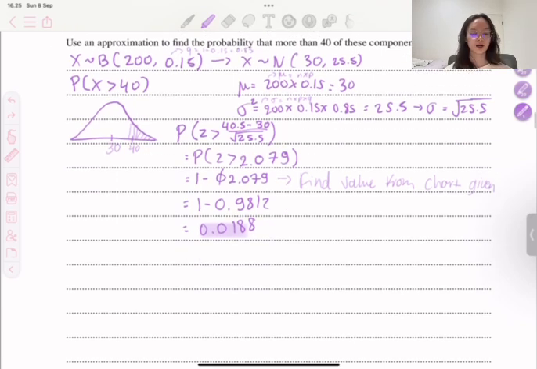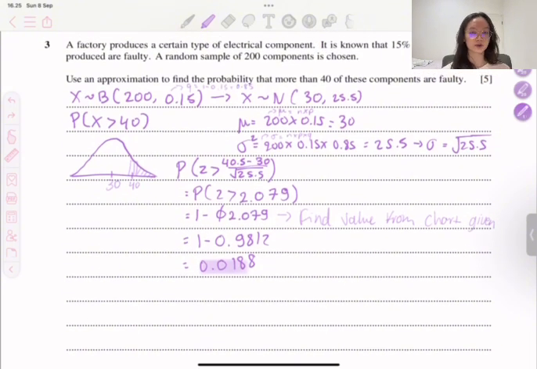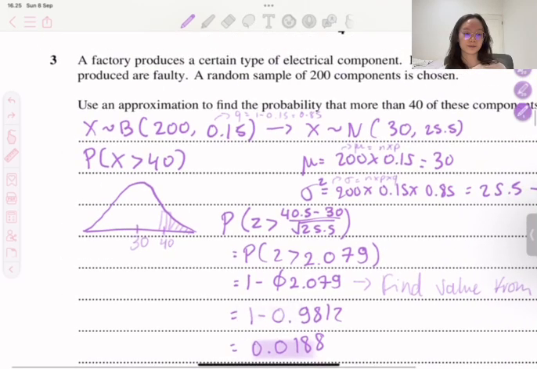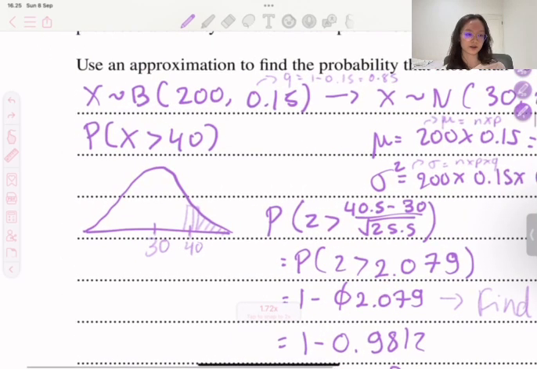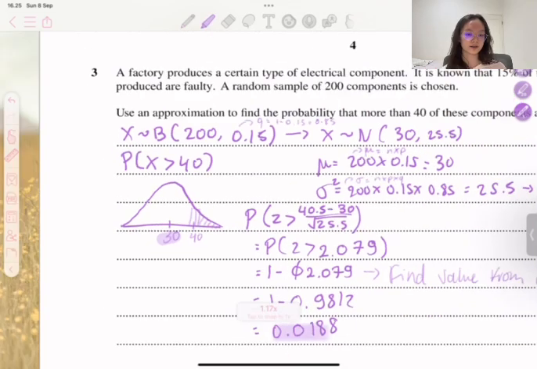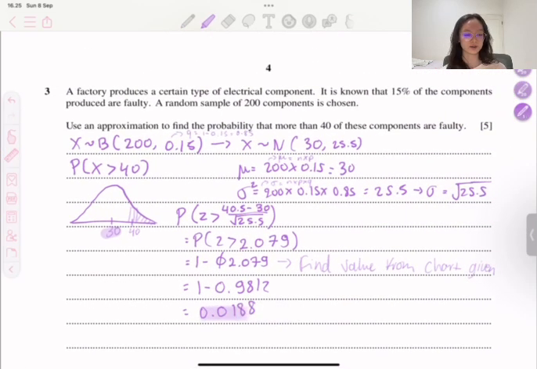So here we are asked to find the probability that more than 40 of these components are faulty. So here we can just imagine the normal distribution curve. We know that the mean is 30, so the middle of this curve will be 30 here. And then we want to find the probability that more than 40 of these components are faulty.